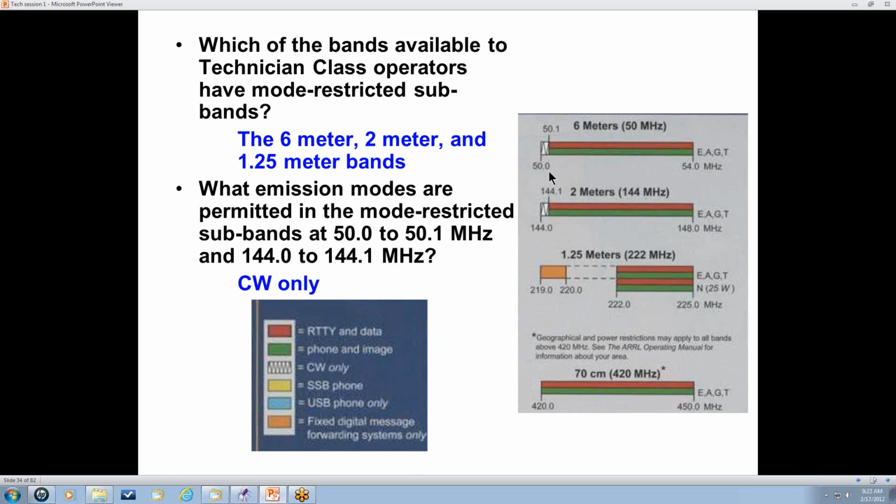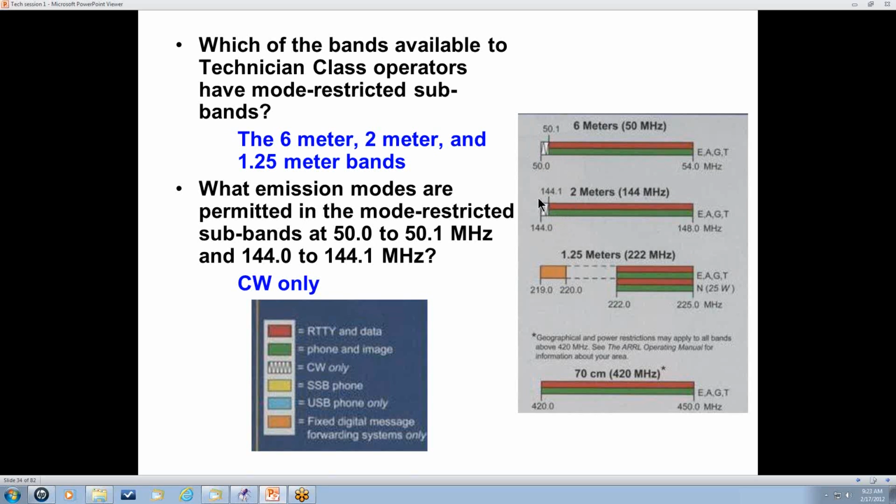Let's take a look here on the frequency chart. Here you can see we have a portion of the 6 meter band that has something different going on down here. And if we look at the key, we can see that's for CW, or Morse code only, for all operators in that portion of the band. So that 50.0 to 50.1 megahertz is a mode restricted subband in the 6 meter band.